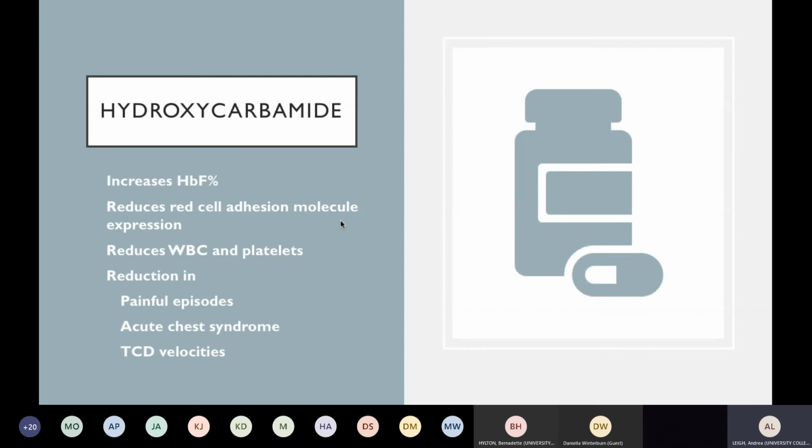Hydroxycarbamide, just to talk about quickly, is a drug treatment for which there was a change to national guidance a couple of years ago. In America, you're probably aware that for most children with sickle cell, in many states, it's routine, a standard of care, that babies are started on hydroxycarbamide and children are on it throughout childhood.